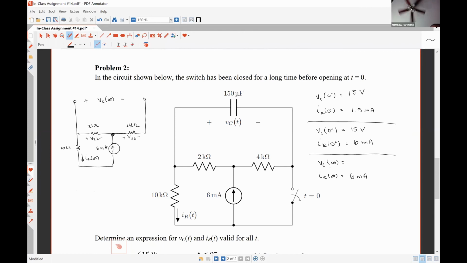So, do we have enough information to figure out what V4K is by inspection? Yep. Wouldn't the voltage just be the same as before, the 15 volts across the 4 kilo ohm resistor? 18 volts.